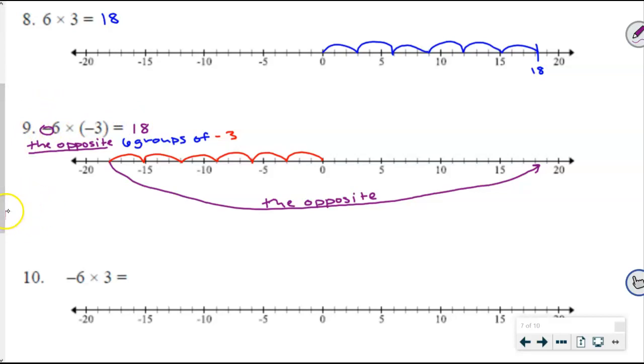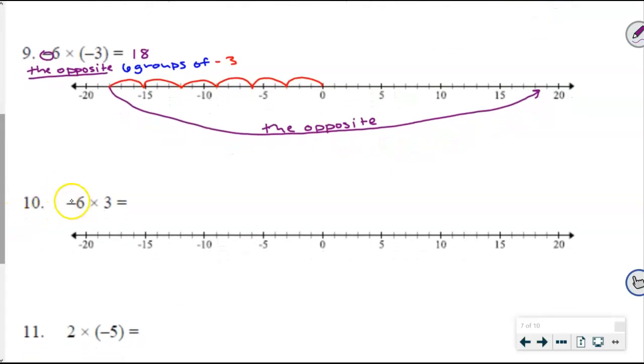I'm going to do the same type of thing down here for number 10. Number 10, I have a -6 times 3. I can't have negative groups, so instead of thinking of this as negative groups, I think of it as the opposite of 6 groups of 3, and I can model those 6 groups of 3.